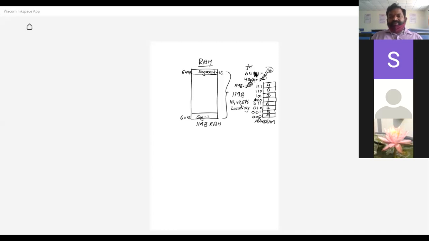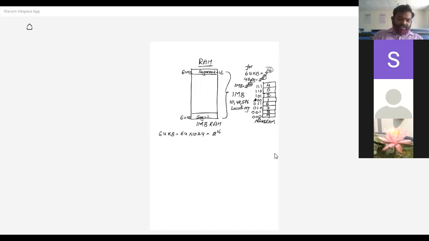Right. 64 KB means 64 into 1024, that is equal to 2 power 16. Very simple.